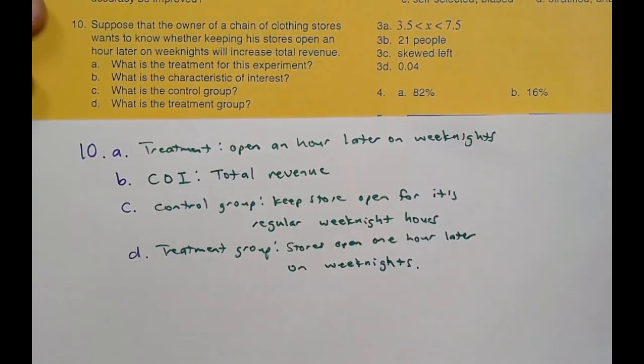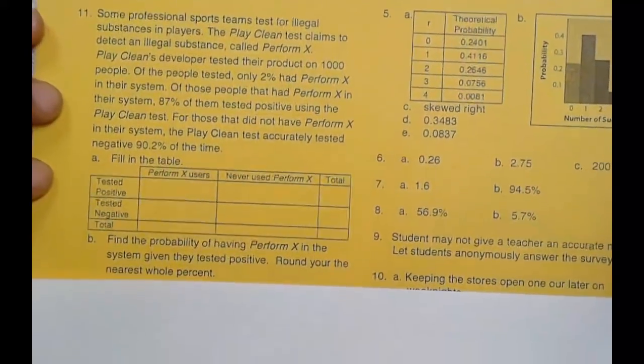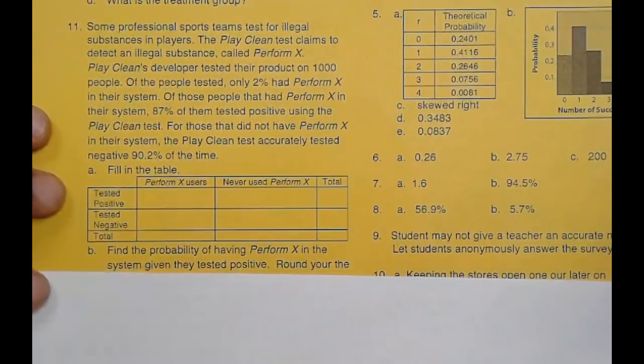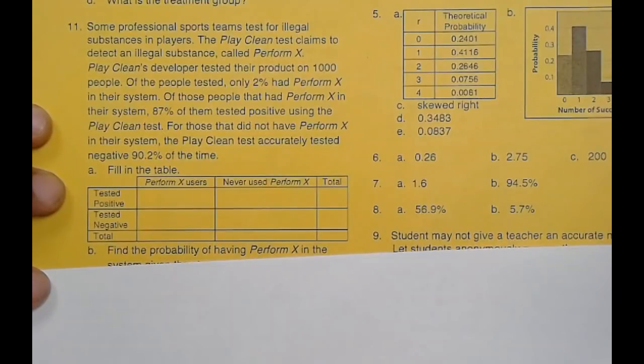All right, let's go on to this next part. Some professional sports teams test for illegal substances in players. The Play Clean test claims to detect an illegal substance called Performance X. Play Clean's developer tests their product on 1,000 people.